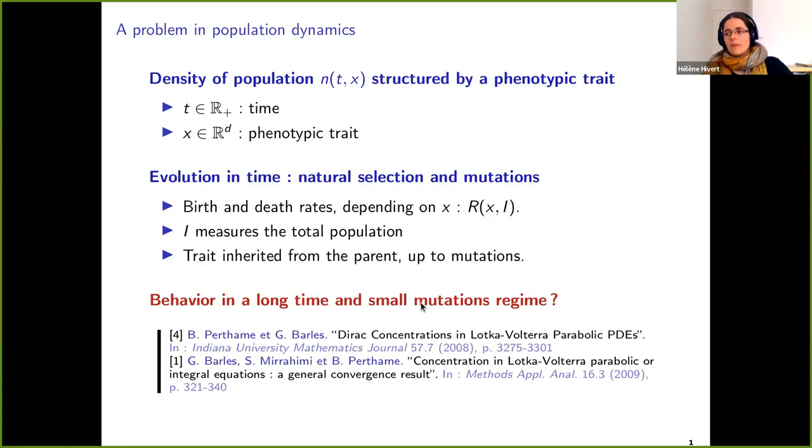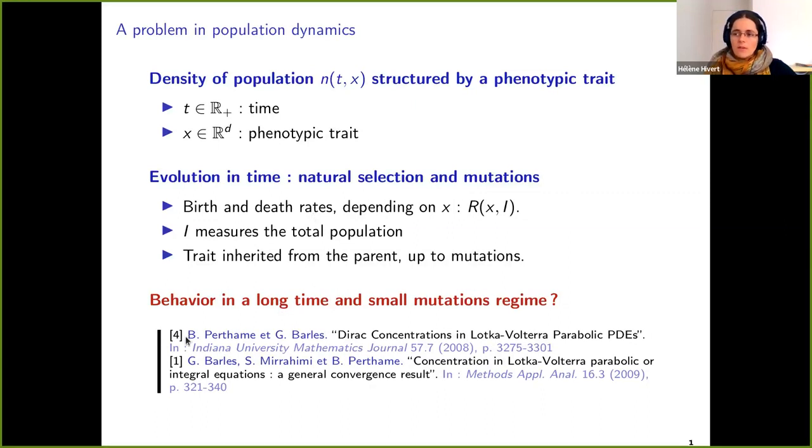The question is to understand the behavior of the population in a long time and small mutations regime. So we suppose that the trait of the kids is not very different from the trait of the parents, and we consider the evolution of the population when time evolves, and so there are many generations.